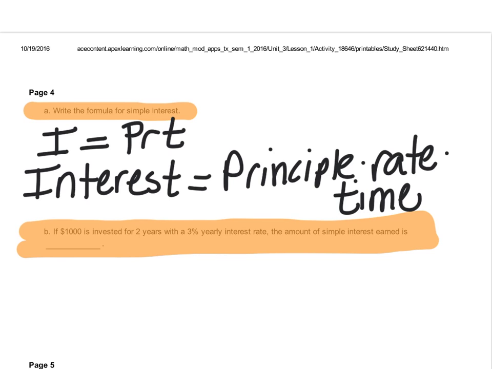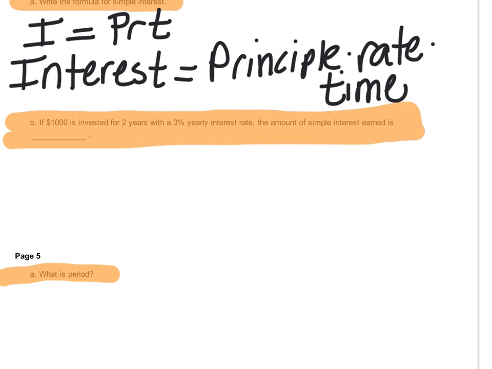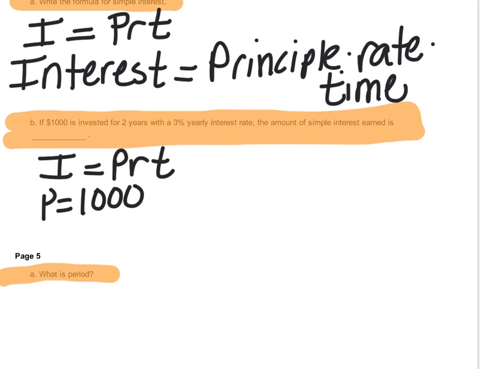Okay, so let's do a practice problem. We get better with practice. If $1,000 is invested for 2 years with a 3% yearly interest rate, the amount of simple interest earned is. So we take our same original equation, I equals PRT, and the principal amount that we're going to plug in is 1,000.